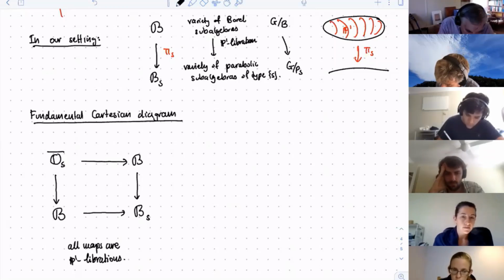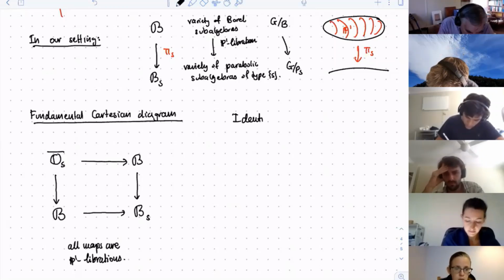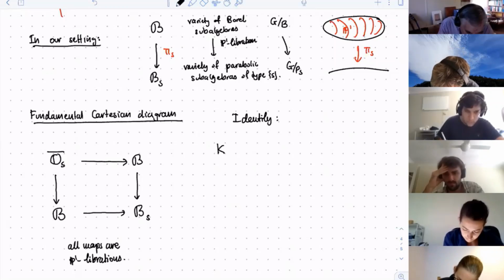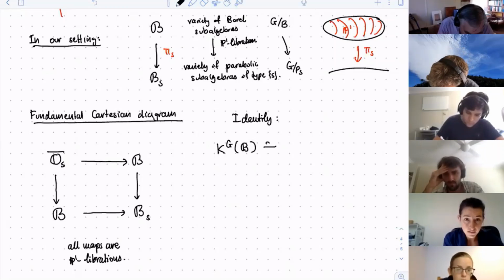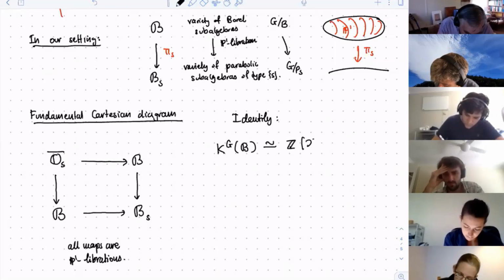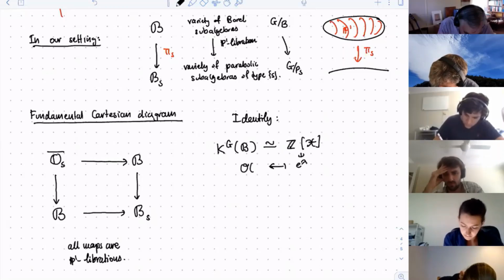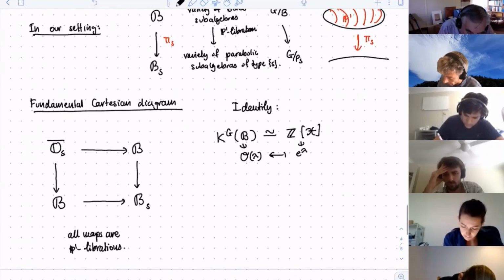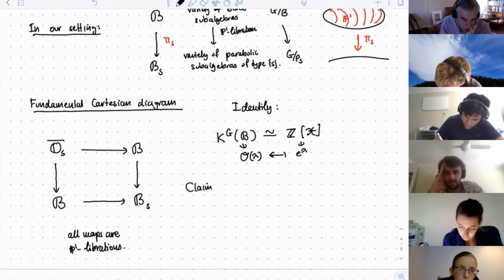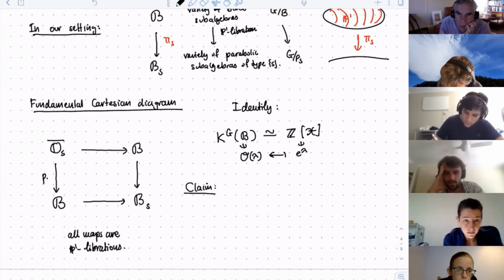And then the analog of the baby claim from before is that if we look at, so here we have P2, P1, P2.